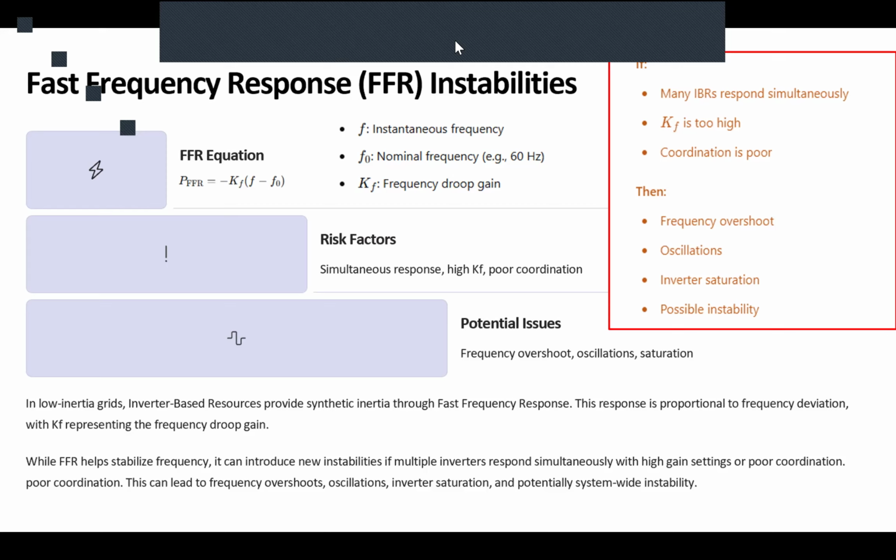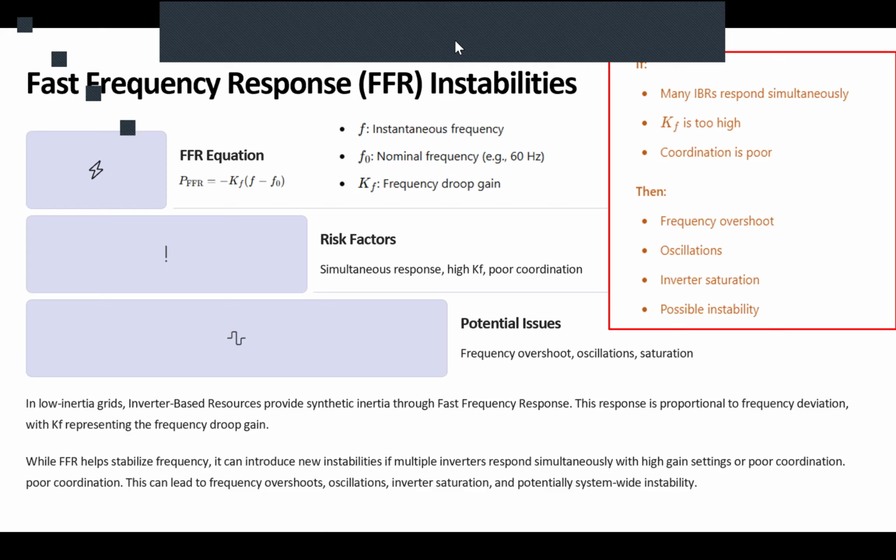Now, if several IBRs respond to a certain variation in frequency and their KF is too high, meaning they are responding harshly and not synchronized with each other, that would result in oscillation or a significant overshoot in the frequency, which basically means we are going toward instability.